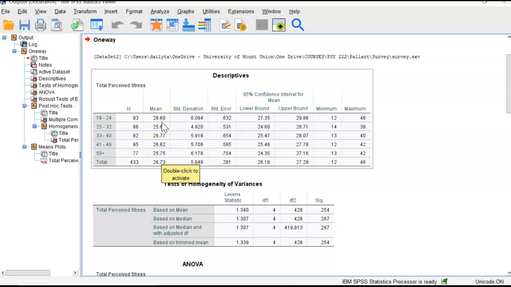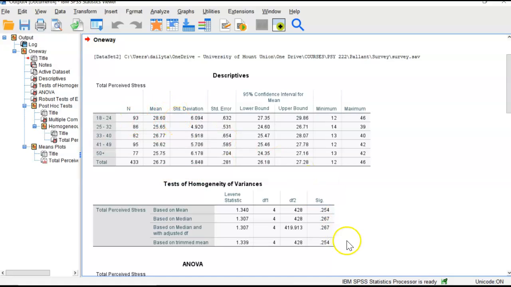And I immediately notice that the young group seems to be reporting higher stress than the other groups. There's a couple of groups that are closer to 25 or 26, but there seems to be, at least eyeball-wise, a distinct difference between the really young group and the others.